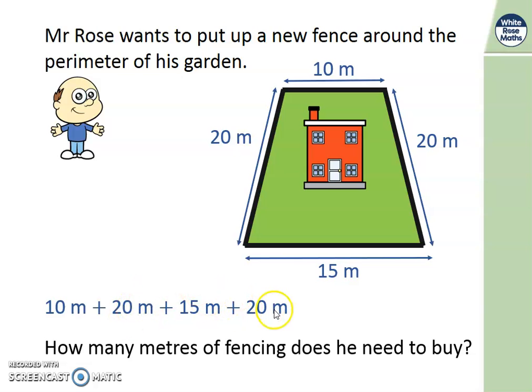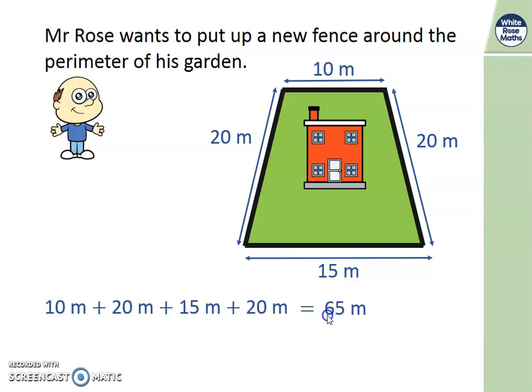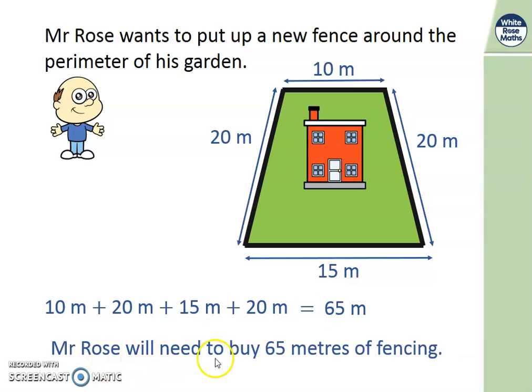You might go for your double 20, which is 40. Add on 10 more is 50. Add on this 10 more is 60. And add on this 5 more is 65. So it's 65 metres. So Mr. Rose will need to buy 65 metres of fencing to put up a new fence around the perimeter of his garden.